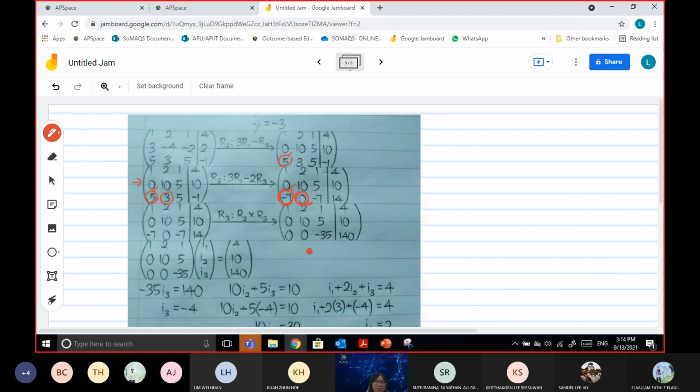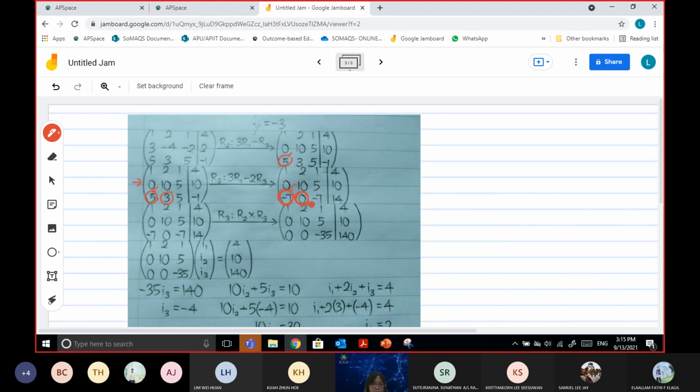And I think here, when you do it, this one no issue. Then 3R1, you do 3R1 minus 2R3. This one you get a 0.